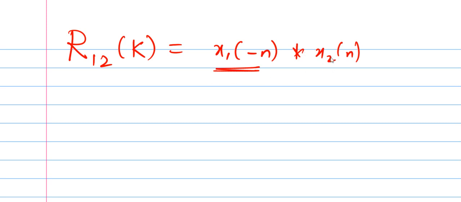Don't fold x2n, otherwise you will get a different answer and that answer is wrong. So always fold the first sequence and then take the convolution, because cross correlation is not commutative.